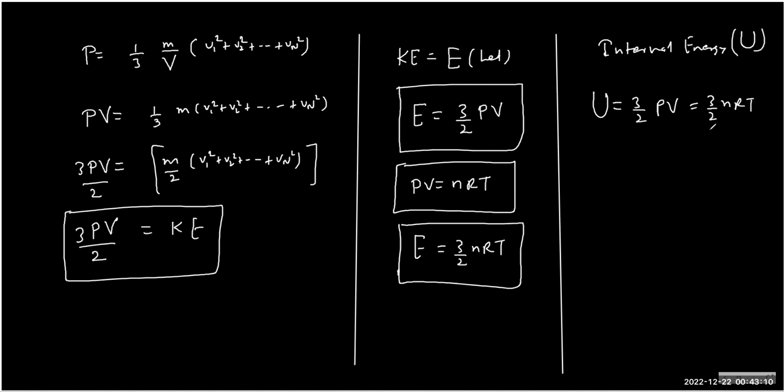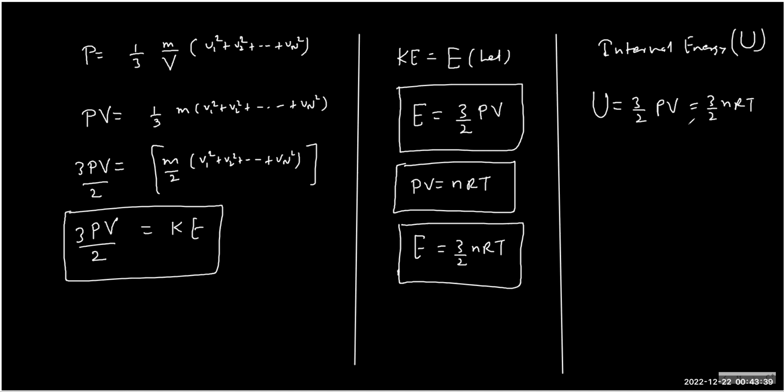It is just a matter of calculation, isn't it? All these have interpretation. If you understand one thing, the rest is simply the way to write. So the formula U equals 3 by 2 nRT is giving you the kinetic energy of the system. Which kinetic energy? Translational, rotational, vibrational, which one?